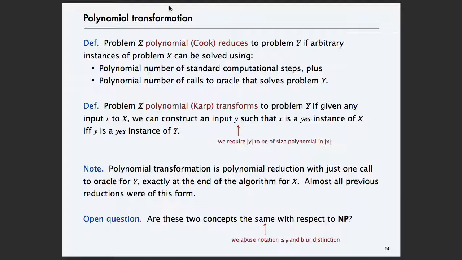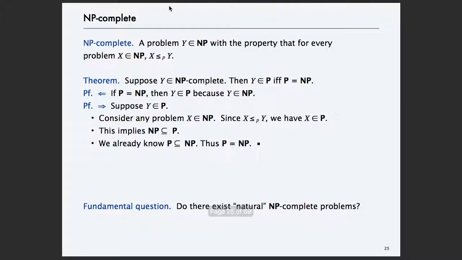So if y is solvable in polynomial time and our size of y given an x doesn't grow too much, then x would be able to be solved in polynomial time, right? Karp transformation requires only one call to y. And we don't really know if they're the same or not. As usual, we don't know tons of stuff.